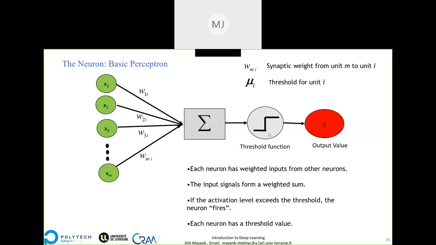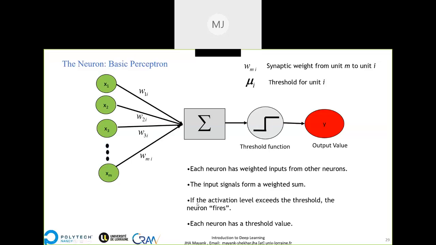Now the idea is to pass it through a threshold function. The threshold function is based upon your requirements, the context. It can be, let's say, the price of an apartment. If it is above the threshold, it passes through.